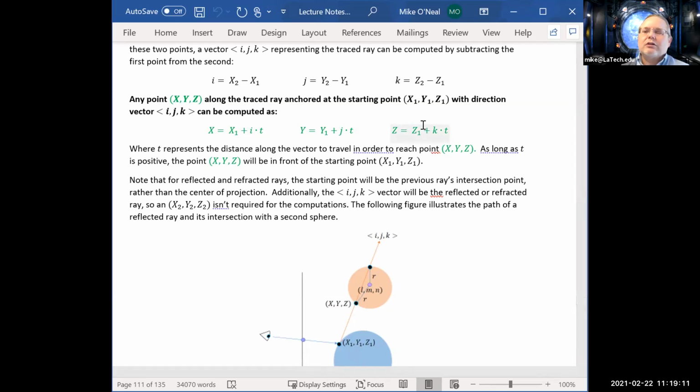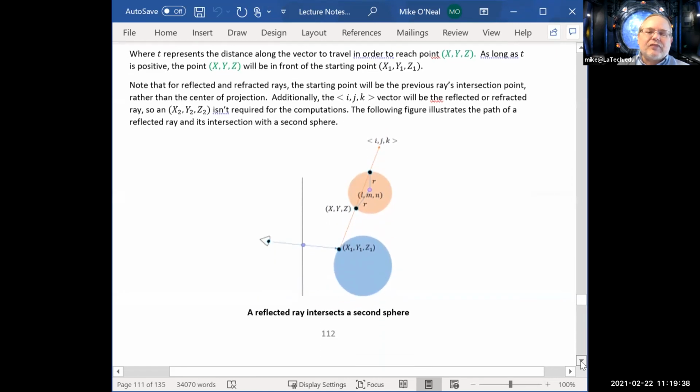I know where I'm going to start, I know what direction I'm going to walk in, and T tells me how far in that direction to walk. And that'll give me some point, x, y, z, along this path. Which x, y, z you land at depends on how big your T is. How far did you walk in this direction? Okay?